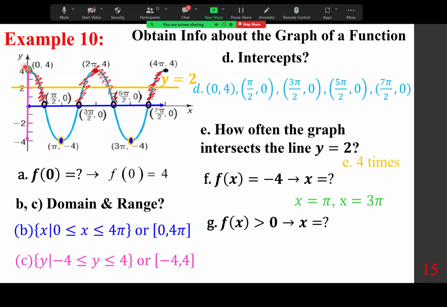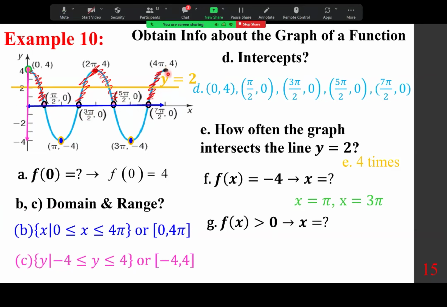Please understand, for example, here, you say from 0 to here, pi over 2. 0 is included, yes, clearly it's above. Pi over 2, no, because we want it to be greater than 0. Then from here to here is from 3 pi over 2 to 5 pi over 2, and they take parentheses, they are not included. From 7 pi over 2 to here, 4 pi.